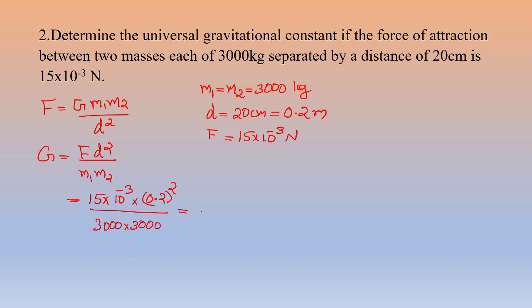So after the calculation, you will get the value of capital G is equal to 6.67 into 10 raised to negative 11. The unit is the Newton meter square per kilogram square.